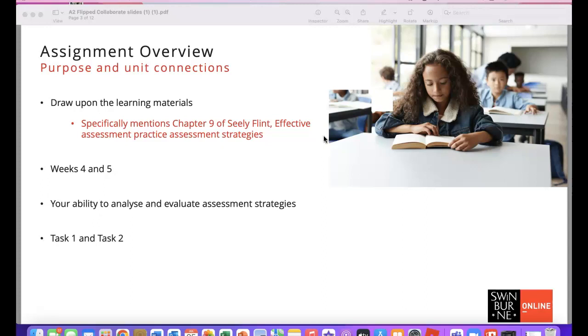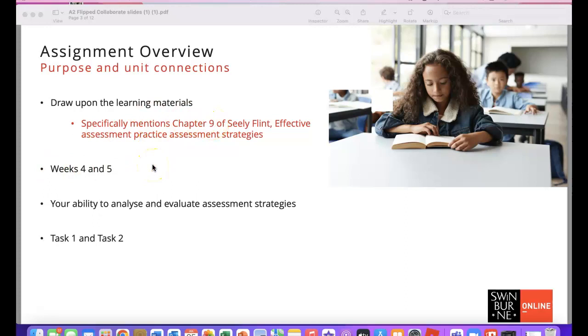It's a really good overview on those broad definitions of things like formative assessment, summative assessment, diagnostic assessment, and gives you lots of examples that you can use to fill in the table that you're going to fill in for this assessment. So that's a good starting point.